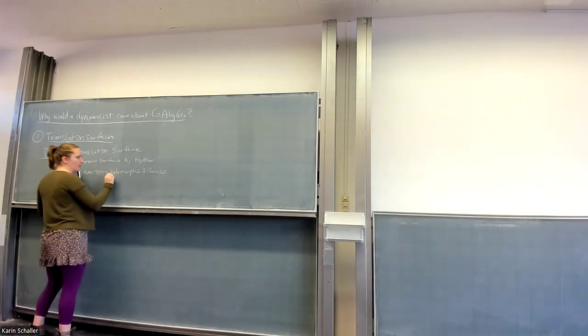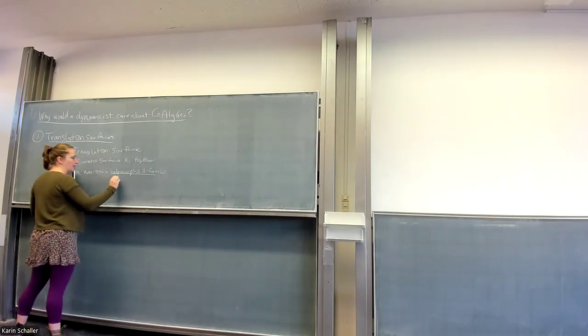This non-zero holomorphic one form can also be called an abelian differential.